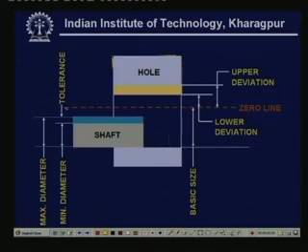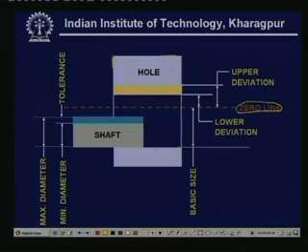Now, here you can see one line in red color, mentioned as the 0 line. What is the idea of this 0 line?